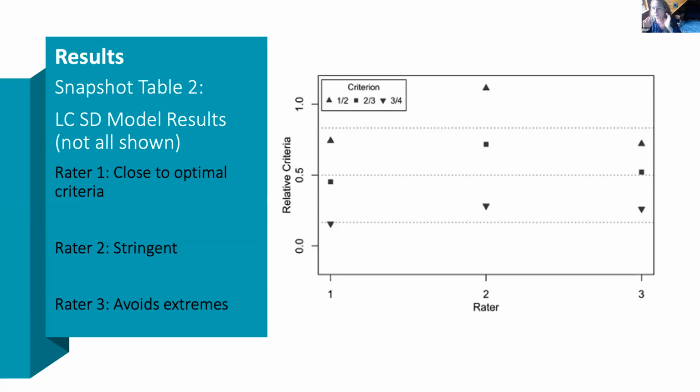And what I mean by that is that it's very hard if you're a passage to have rater 2 mark you as medium, high, or high.